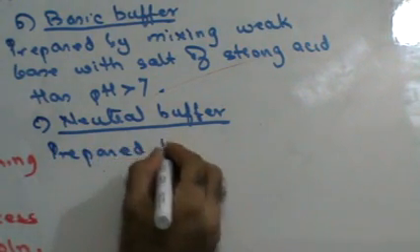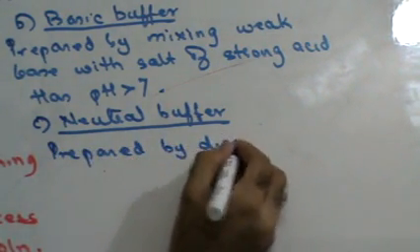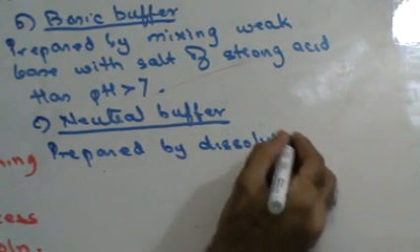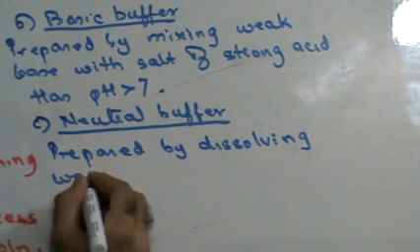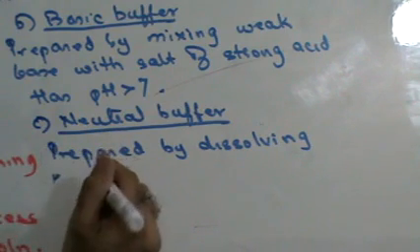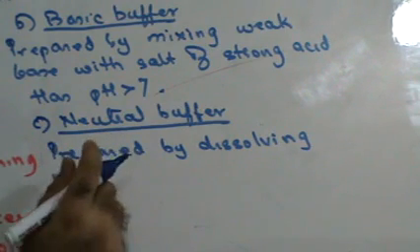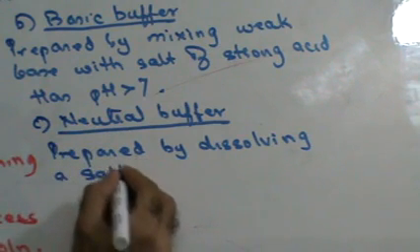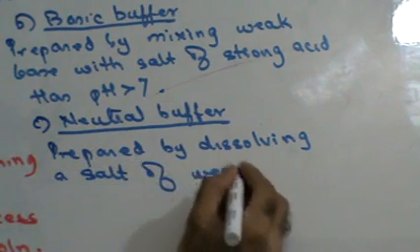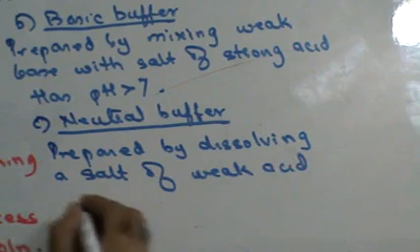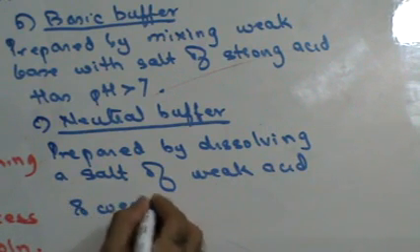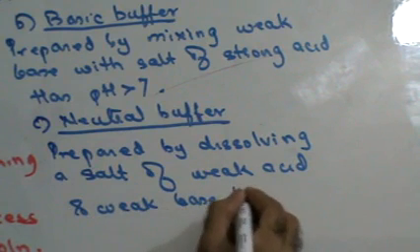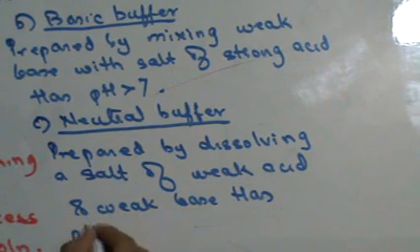Prepared by dissolving salt of weak acid and weak base, it has pH approximately equal to 7.